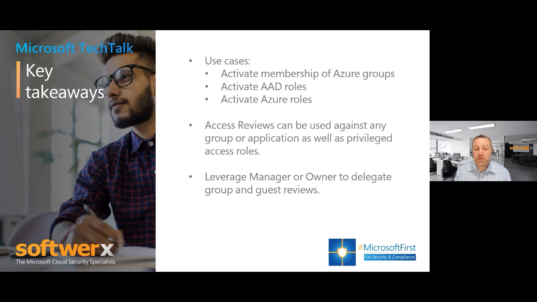Access reviews can be used against any group or application as well as the privileged access roles, so they don't need to be participating in anything else in PIM. You can use the access reviews as long as those reviewers are licensed for the service.